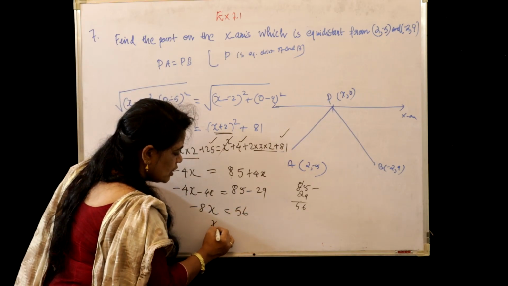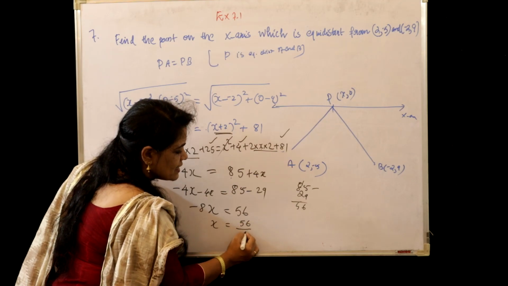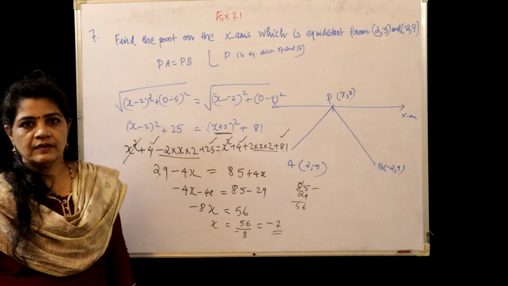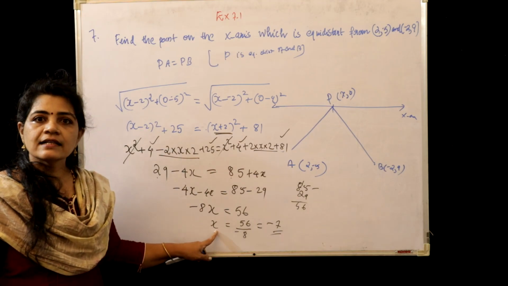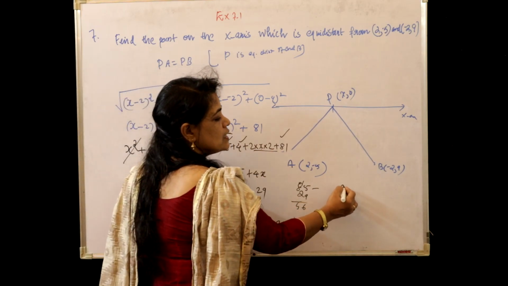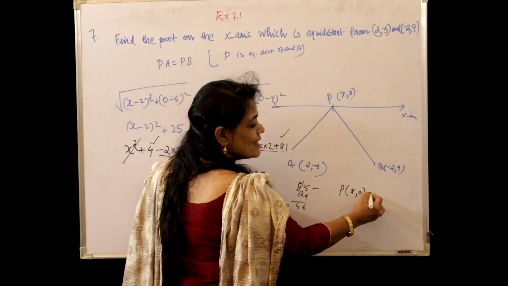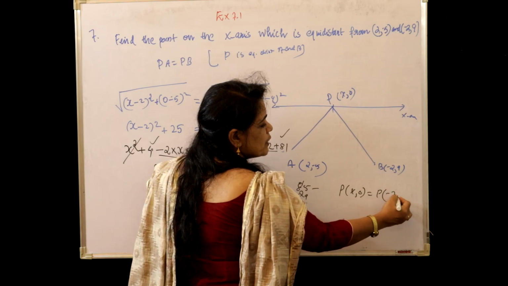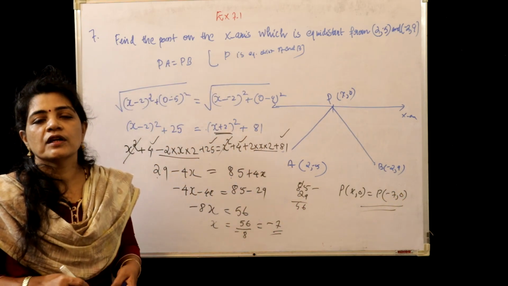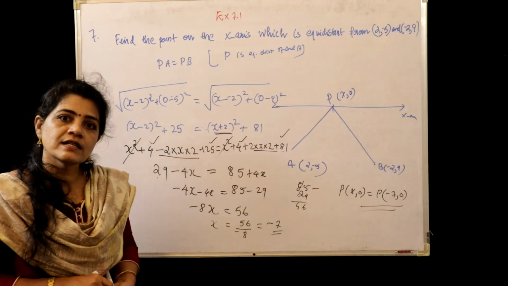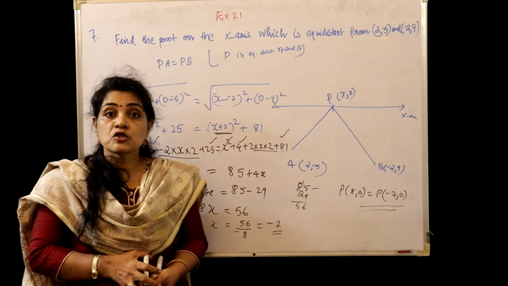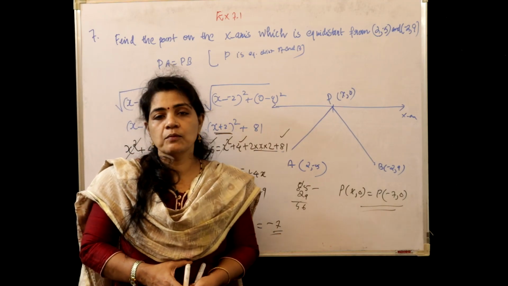And x is equal to 56 divided by minus 8, that means minus 7. That means we have seen that the x value is minus 7, so P of x comma 0, the required point on the x-axis, is P of minus 7, 0. So this is the point which lies on the x-axis, equidistant from the 2 points 2, minus 5 and minus 2, 9. It's a very important problem.